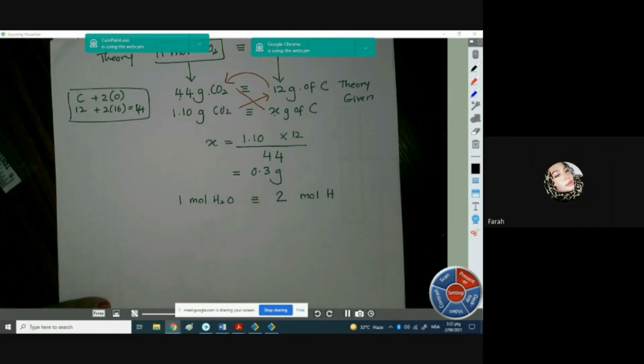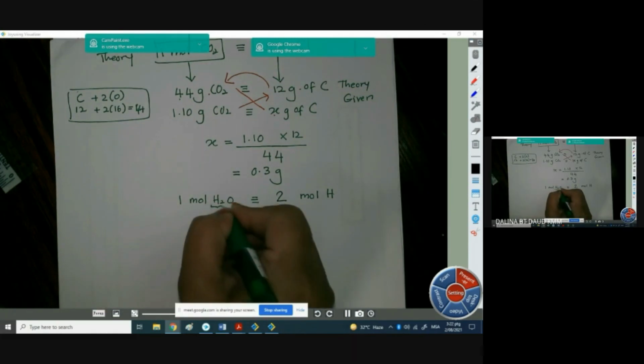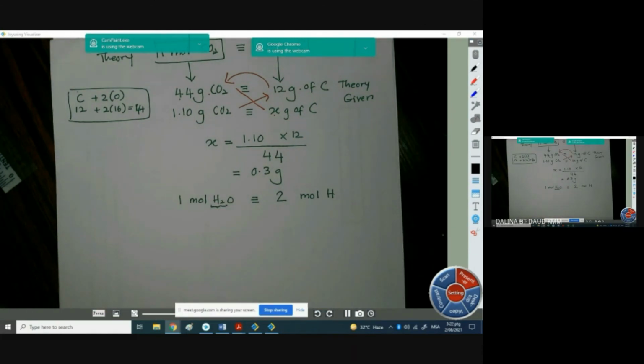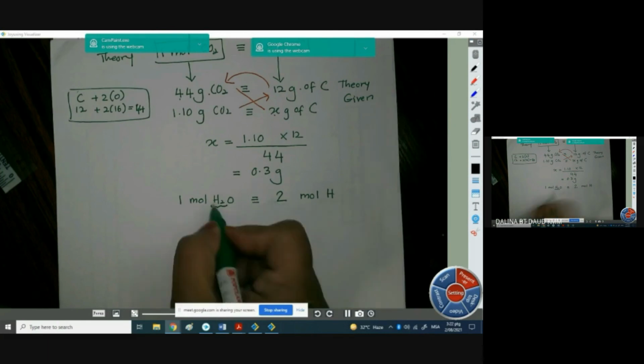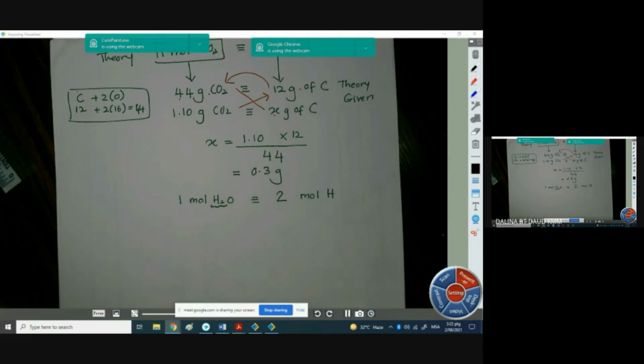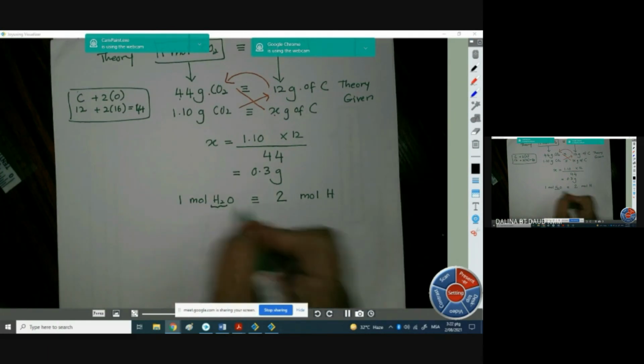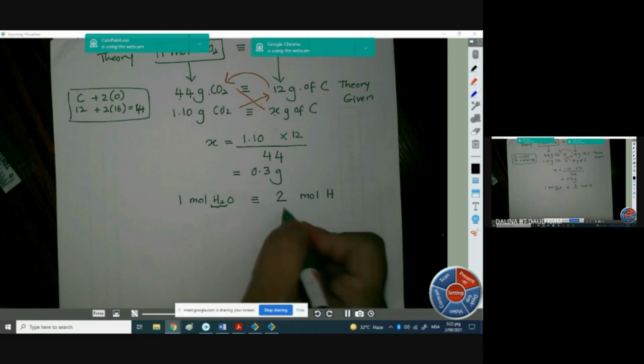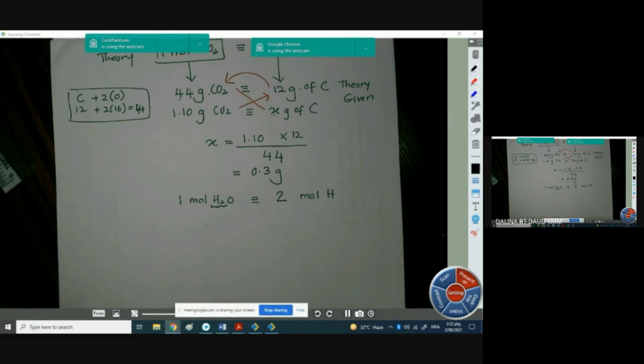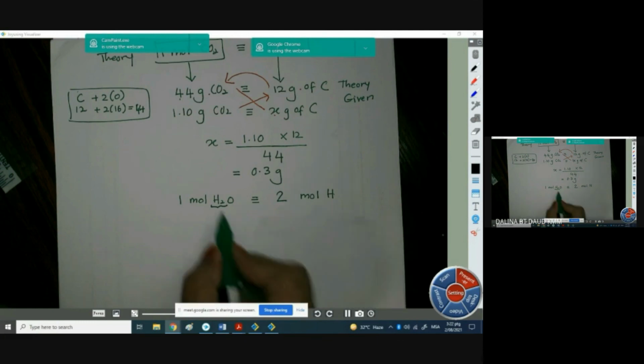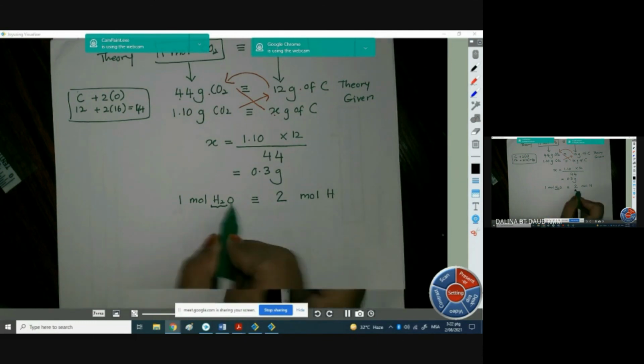Two. Yang ini yang careless mistake student selalu buat bila dapat soalan macam ni. Hidrogen dia ada 2. Molar mass dia 1. Tapi dalam water dia ada 2 mole of hydrogen. Seperti yang kita belajar daripada previous question. So dalam 1 mole water, it has 2 mole of hydrogen.